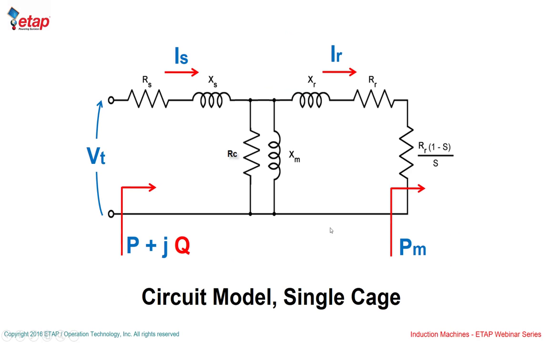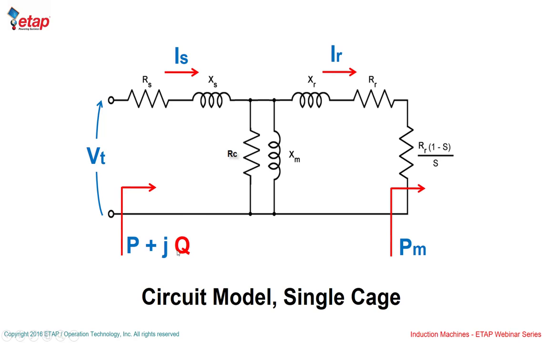The general equations that govern the induction machine are just like those of a generalized transformer. You have the primary, which we call the stator, the secondary, which is called the rotor winding, and you have the excitation branch and the core losses, R sub C. Then the rest of this portion right here is P sub M, the air gap power.